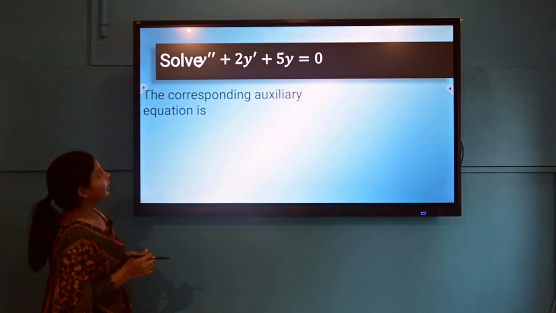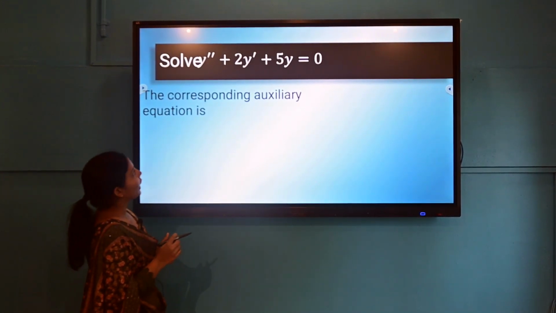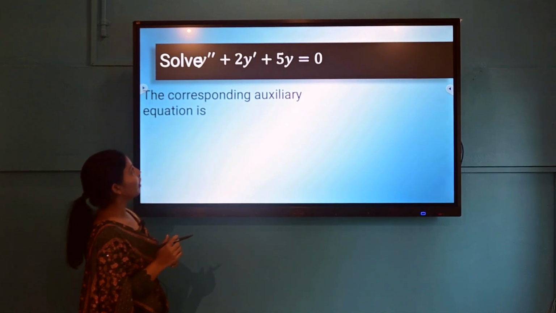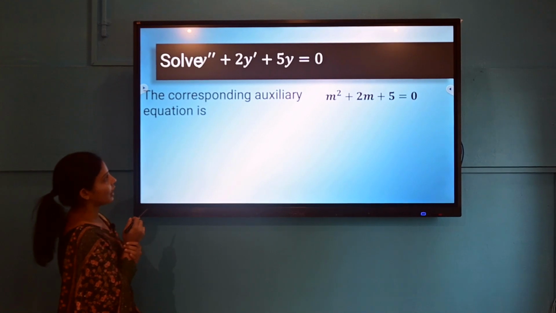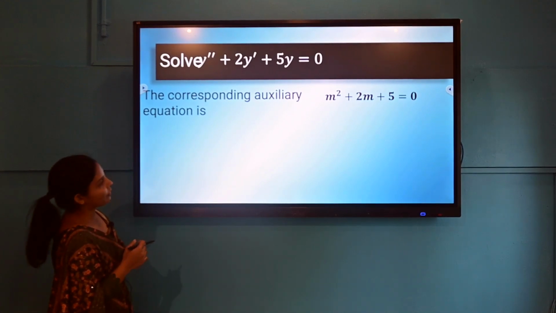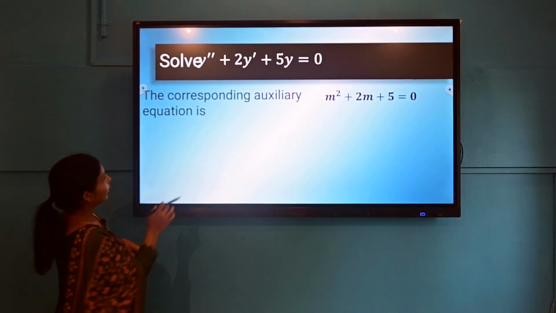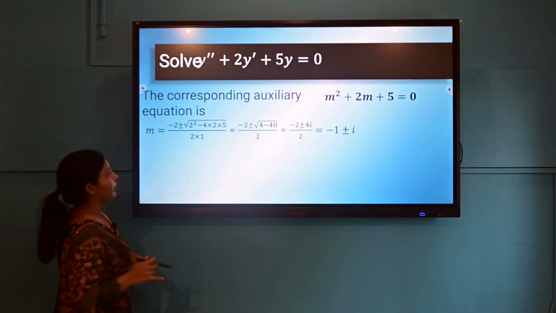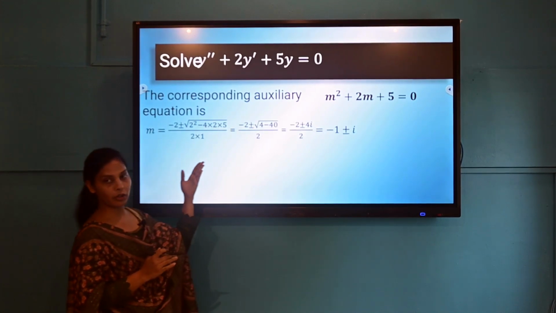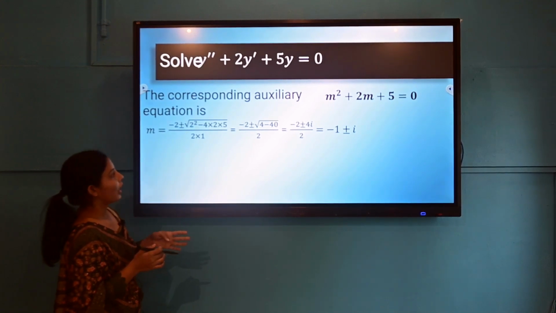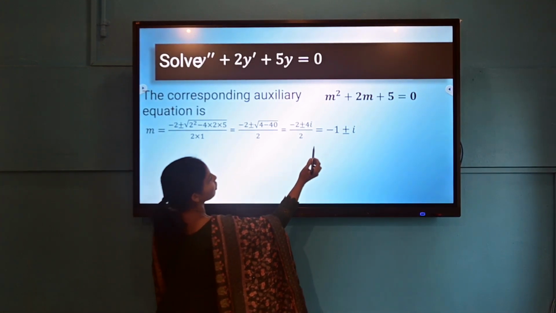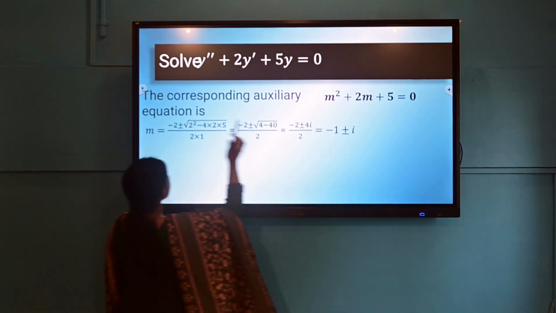Next question, solve y double dash plus 2y dash plus 5y equal to 0. We can write the auxiliary equation corresponding to this. The auxiliary equation is m square plus 2m plus 5 is equal to 0. Then solve it. m is equal to minus b plus or minus root of b square minus 4ac divided by 2a. While solving this, we will get two roots, that is minus 1 plus or minus i.